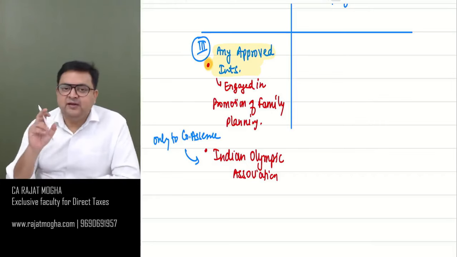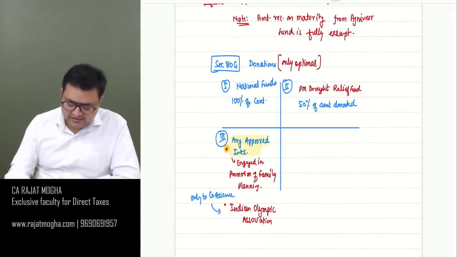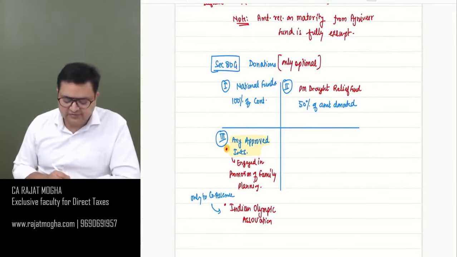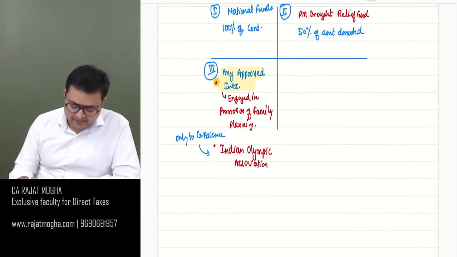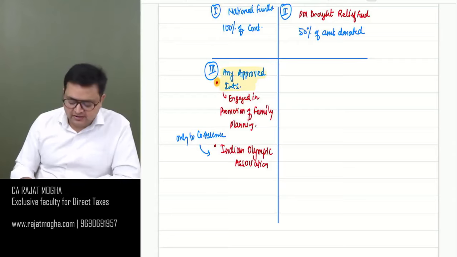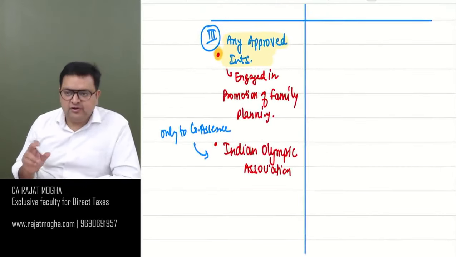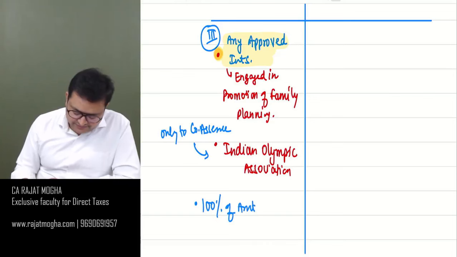Guys, I have written Indian Olympic Association, right? National Sports Fund is in the first category. Here it is Indian Olympic Association. So if you find that your assessee is donating to an approved institution for the promotion of family planning, in the third one, you will get 100% of the amount donated.